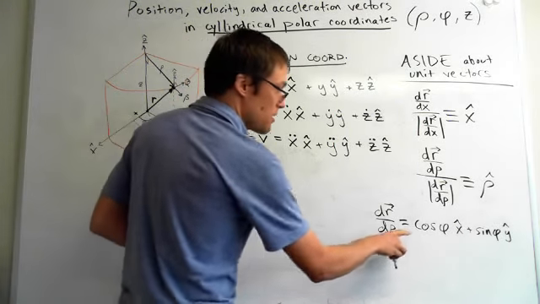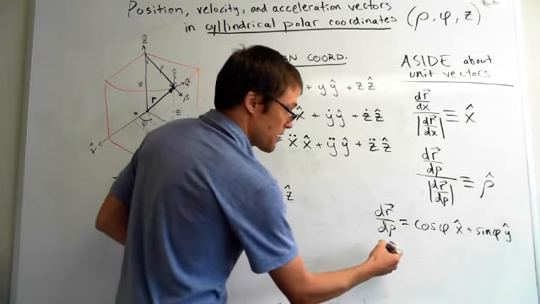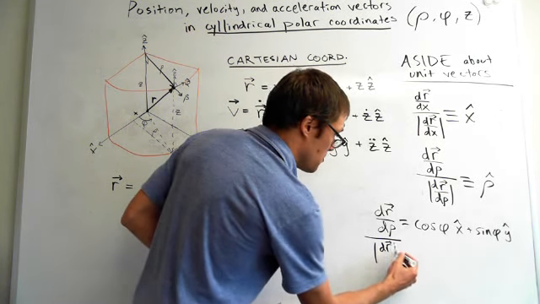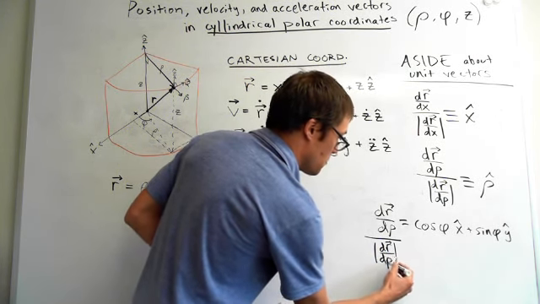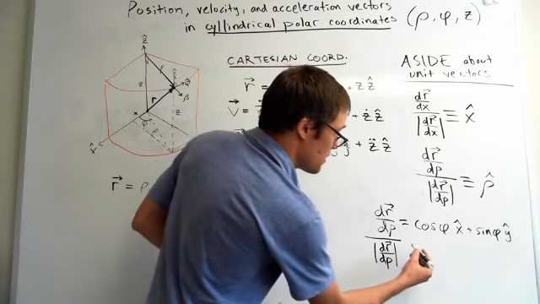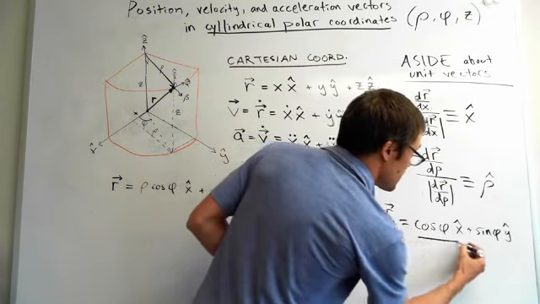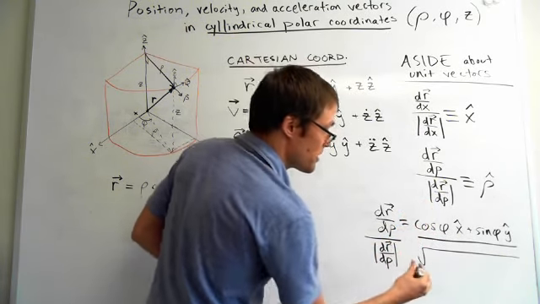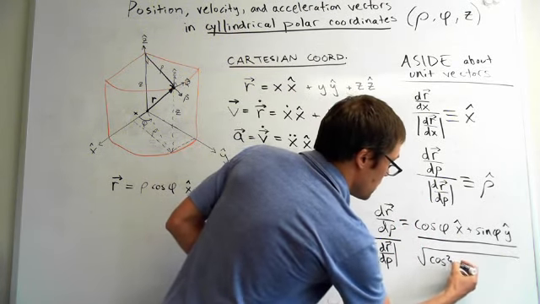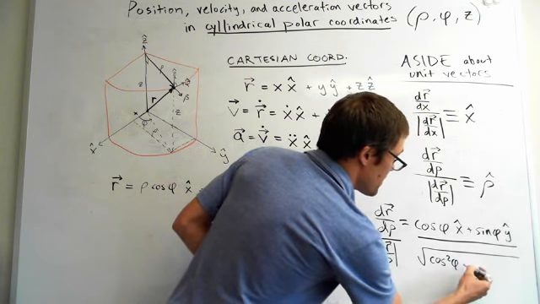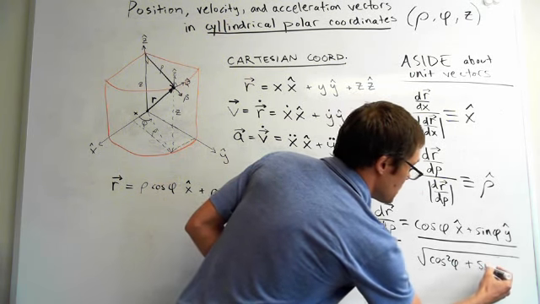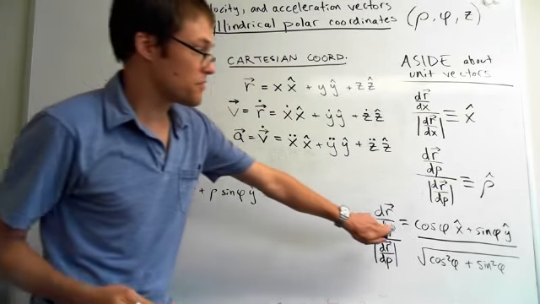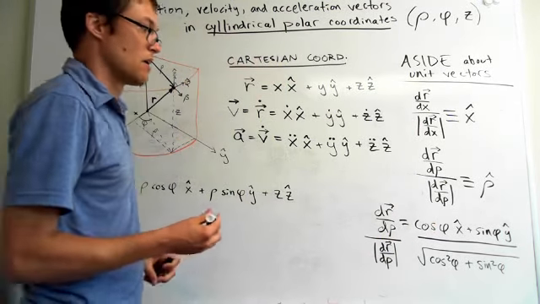And now if we take the magnitude of that thing and divide it, that's taking this thing and dividing it by the magnitude of that numerator, which is just going to be the square root of cosine squared phi plus sine squared phi. That's the magnitude of the vector in the numerator here.